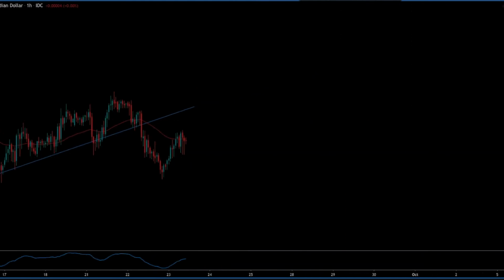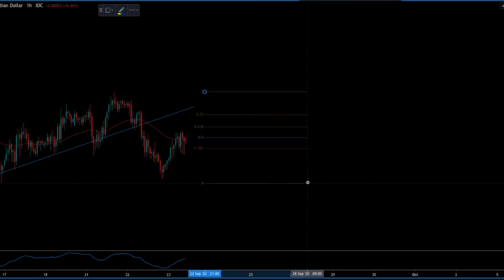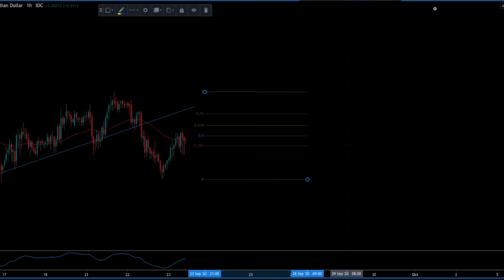So to do it correctly, I need to know where my stop is going to be. So this is a Fibonacci retracement. I have a video on that.